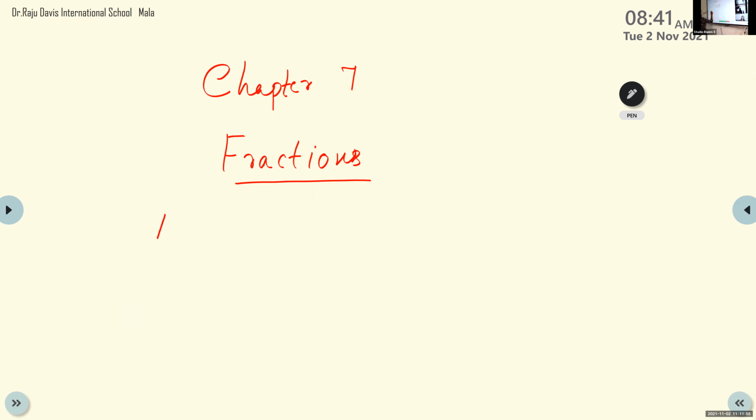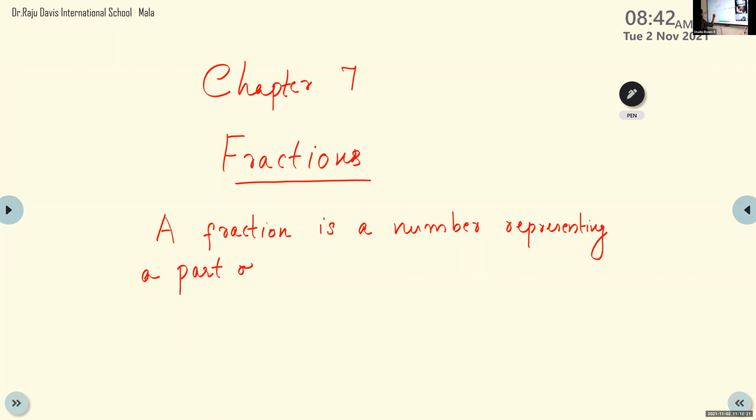Write the definition. A fraction is a number representing a part of a whole.